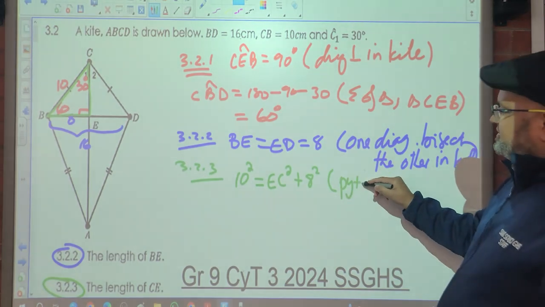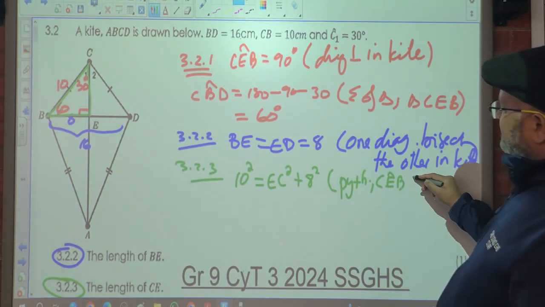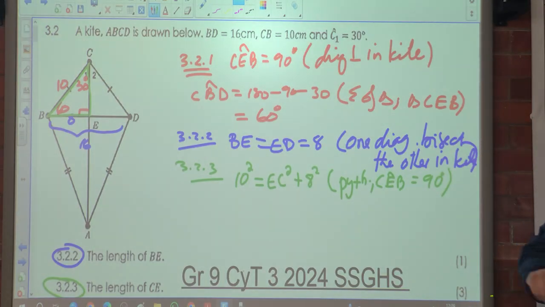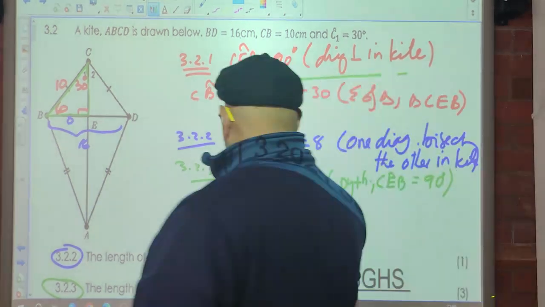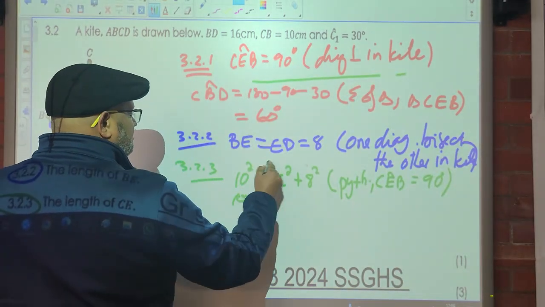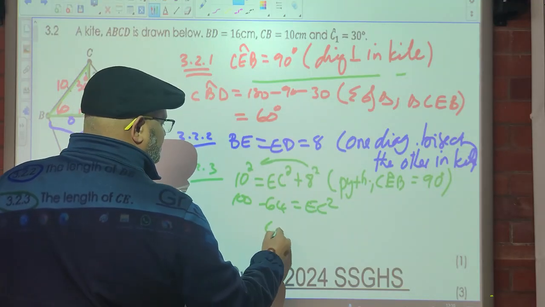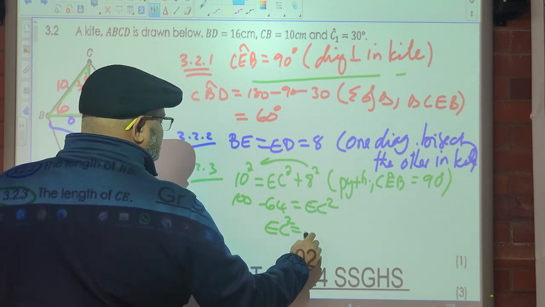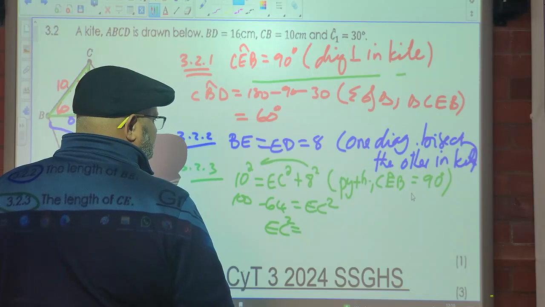It's Pythagoras with CEB equals 90 degrees. Okay, as you can see, we already named it. So it's going to be 100 minus 64 is equal to CE squared.